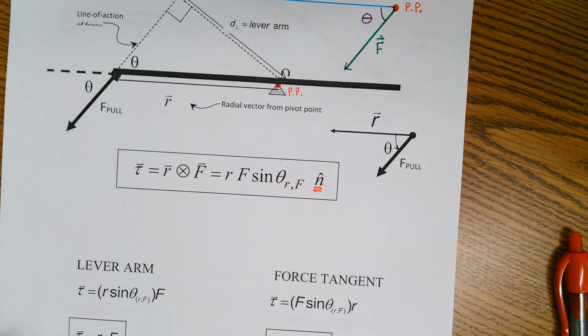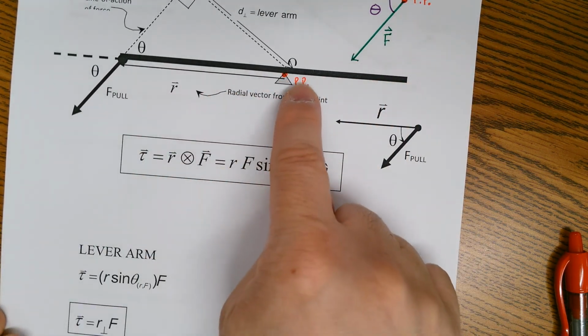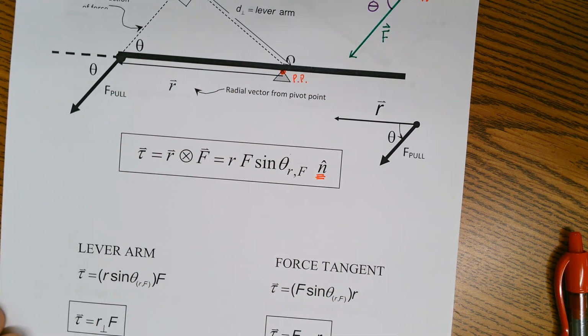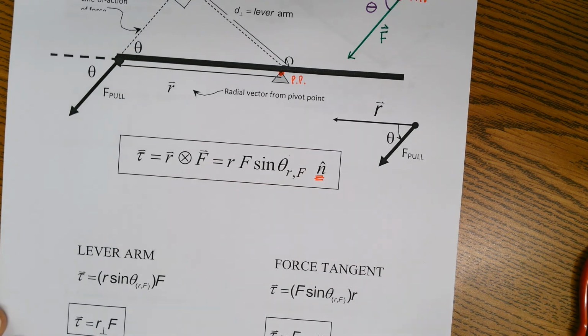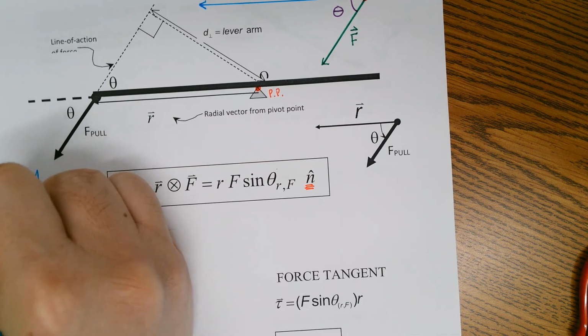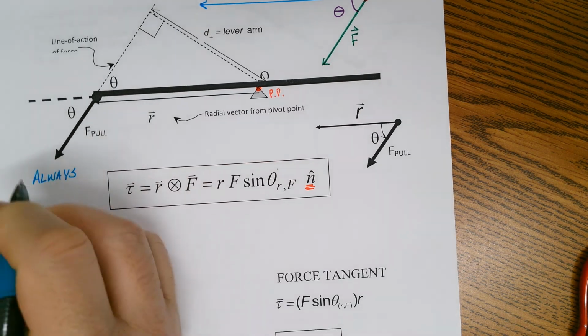So when you cross them, you should be able to get a torque that is perpendicular to the plane of R and F. Okay? So always use this to calculate torque. So this is very, very important. Okay?